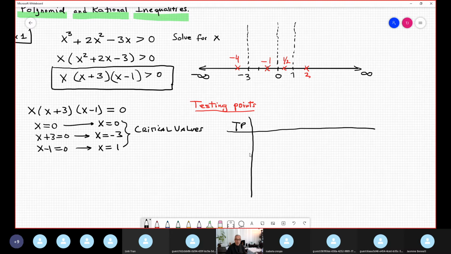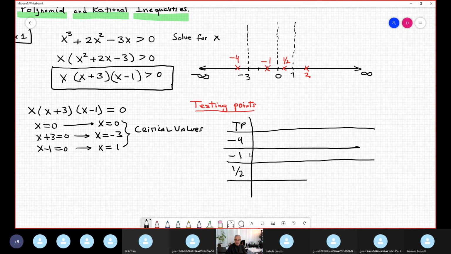The testing points in my problem are negative 4, negative 1, positive 1/2, and 2. I repeat, the final answer is completely independent of the testing point you select. Of course, you select properly in each interval.